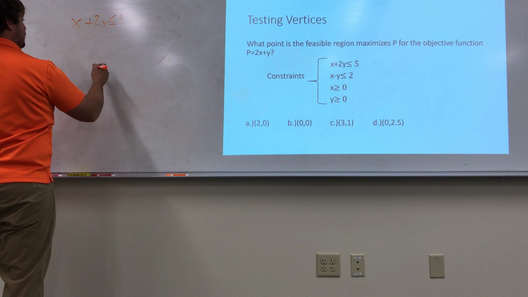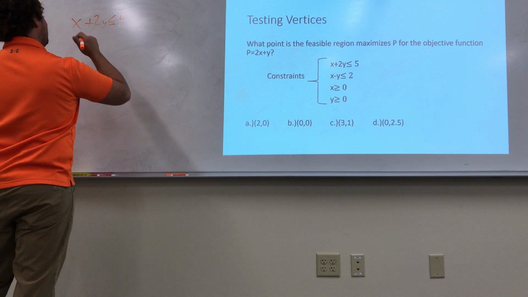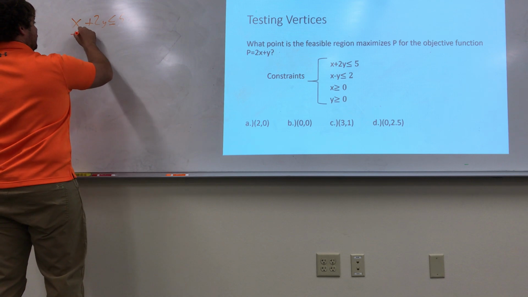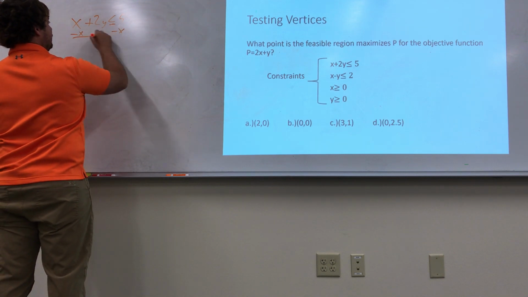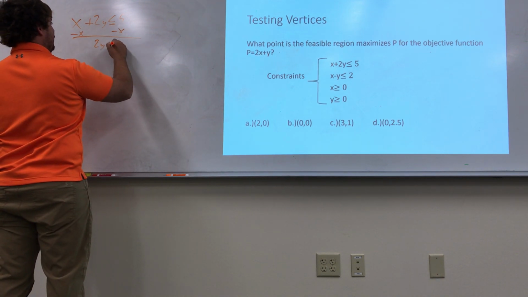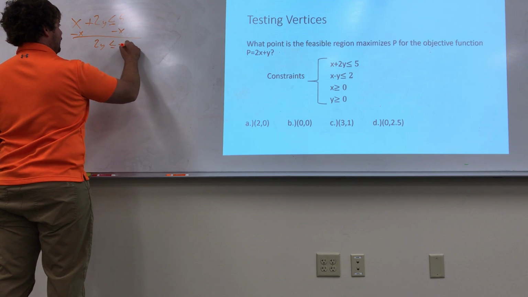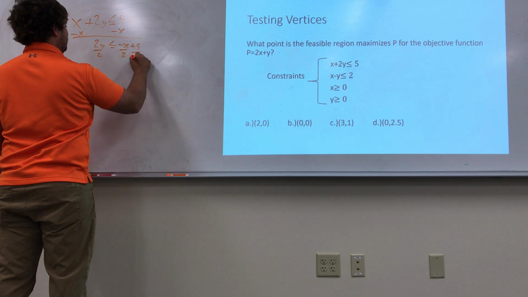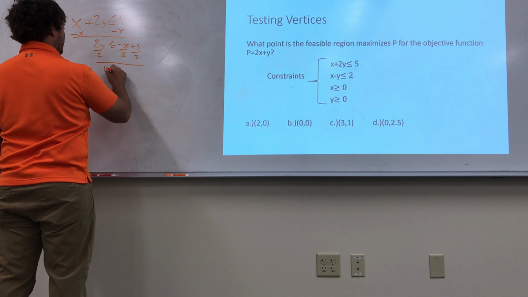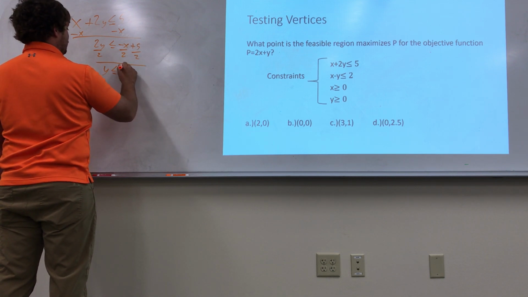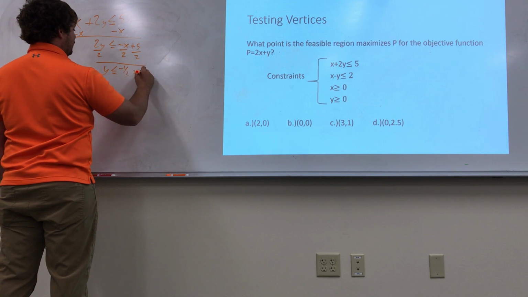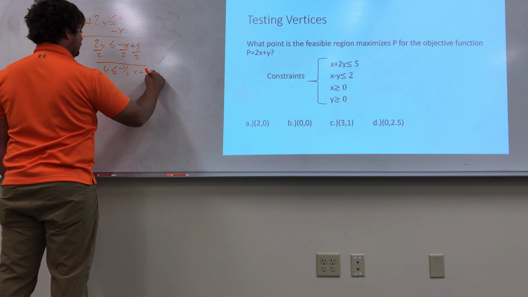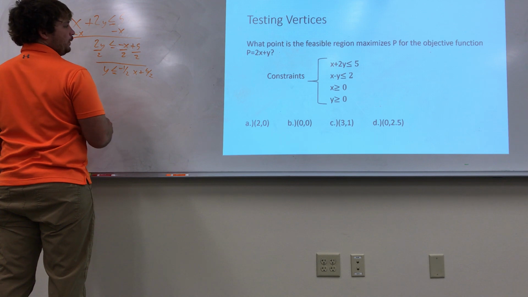I'm going to change that into slope-intercept form, only inequality-wise. So I'm going to minus x. I get 2y is less than or equal to negative x plus 5. Divide by 2. Y is less than or equal to negative 1/2 x plus 5/2. Okay, that's one of them.